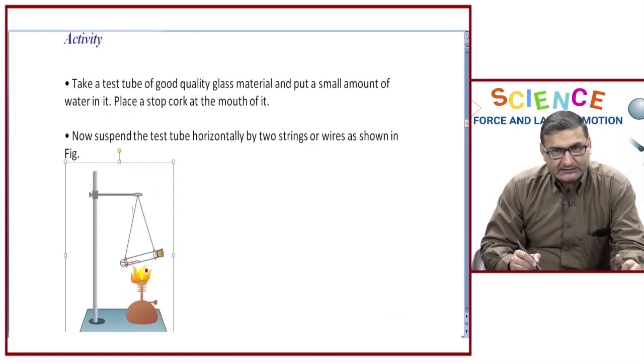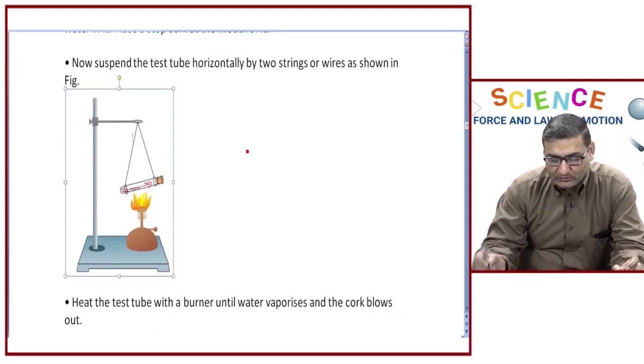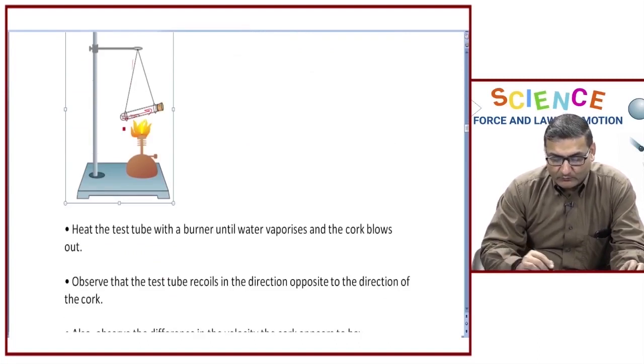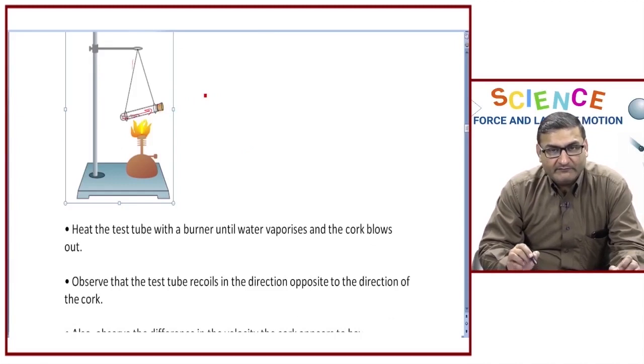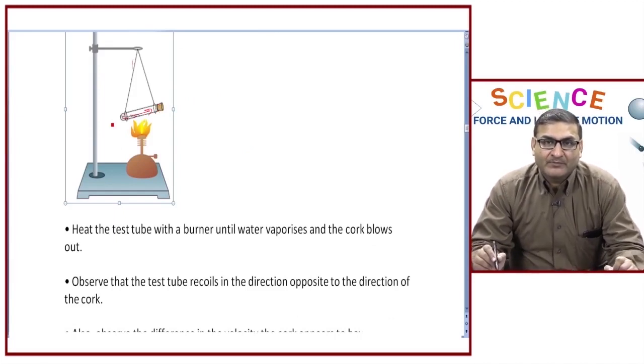When we start heating the test tube, the water inside is going to heat up and be converted into steam. This steam is going to exert pressure on the cork, and after some time you will see that the cork moves out, and the moment the cork moves out, we will see that the test tube also recoils in the backward direction.